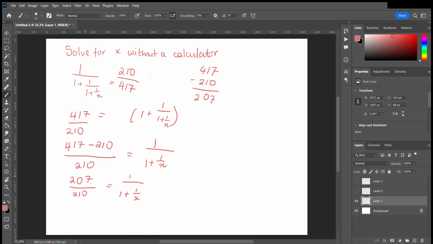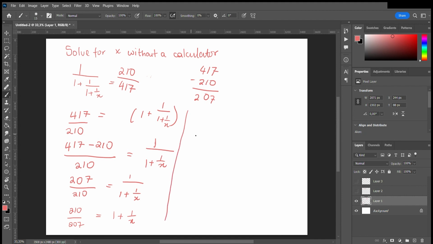Then you're also going to cross multiply again, or just switch the fractions. Because this is a 1, it goes. So you're going to have 210 over 207 equals 1 plus 1 over x, and then put the x back there again.